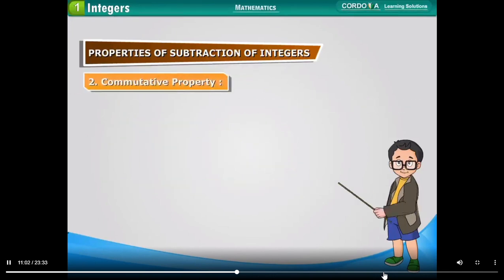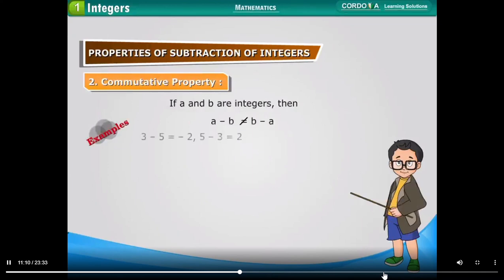Commutative property. If a and b are integers, then a minus b is not equal to b minus a. Examples, 3 minus 5 is equal to negative 2. 5 minus 3 is equal to 2. Hence, 3 minus 5 is not equal to 5 minus 3. Negative 4 minus negative 7 is equal to negative 4 plus 7, which is equal to 3.